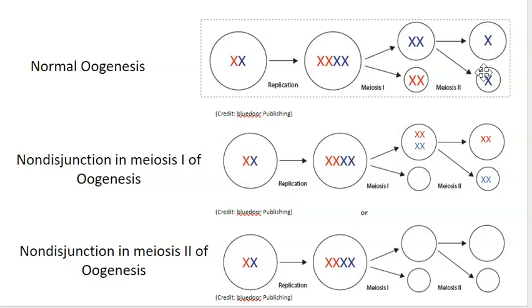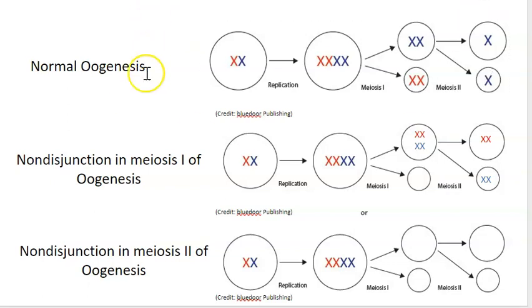For every time that a female does oogenesis, and I should back up and tell you that females are actually born with all of the eggs that they're going to have. So a female baby that's delivered already has all of her eggs in her ovaries. Once she hits puberty, she'll begin to release those eggs when she ovulates each month.